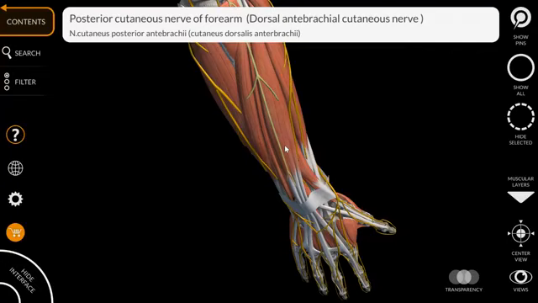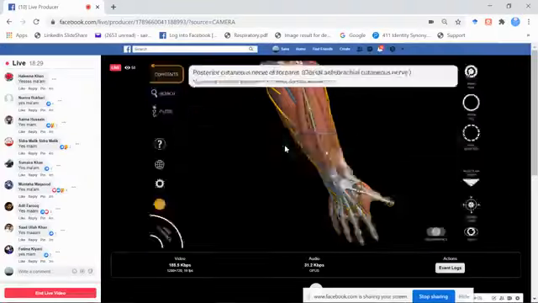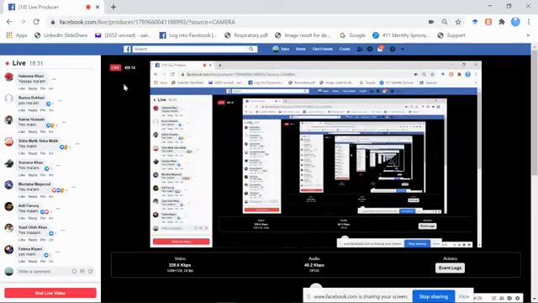So this was all about the superficial and deep muscles in the posterior compartment of the forearm and also about the radial nerve, which is the nerve of the posterior compartment and the lateral compartment of the forearm. Okay, I hope you have understood this. Still, if you have got any questions, any query, or if you want to discuss anything again, we can discuss it right now.